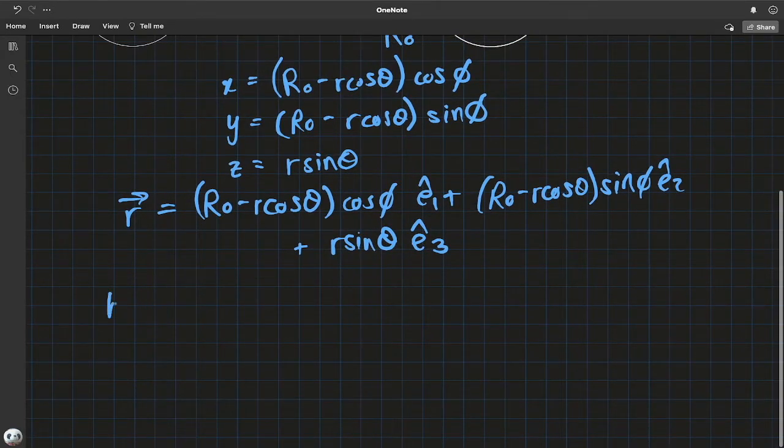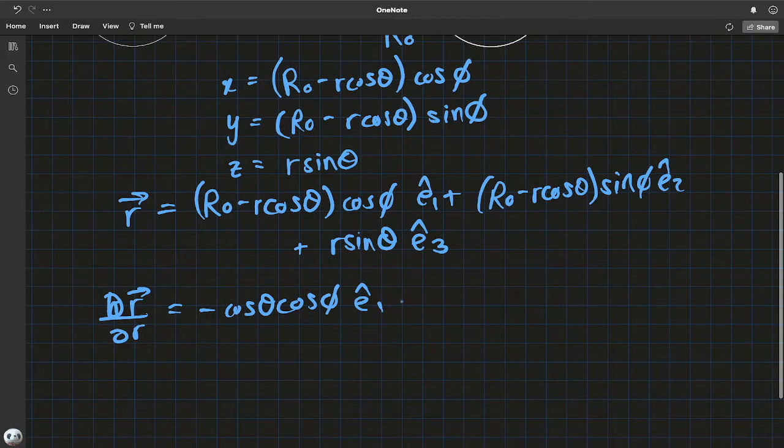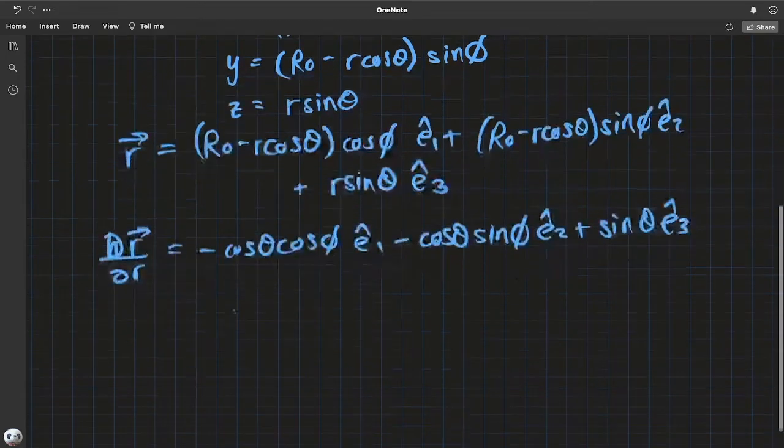And we can define partial r with respect to parameter r is just, let's see, negative cosine theta cosine phi e1 hat, negative cosine theta sine phi e2 hat plus sine theta e3 hat.